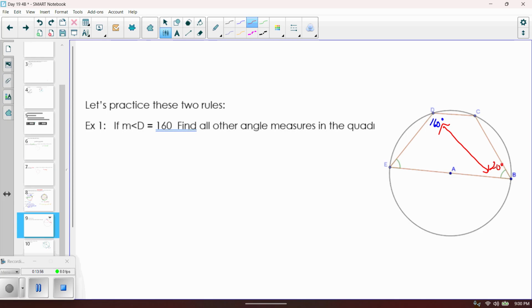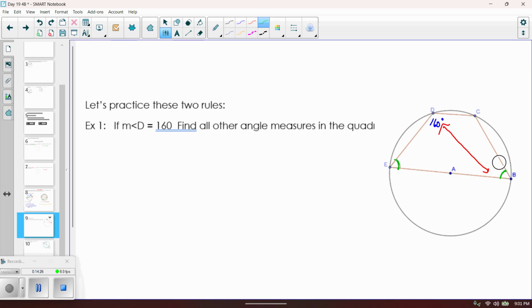Okay, so that's two of them. Now we've got to find the other two. Well, one of the symbols on here shows us this angle right here, and this symbol right here is one arc, which means that those two things are congruent. They are the same.